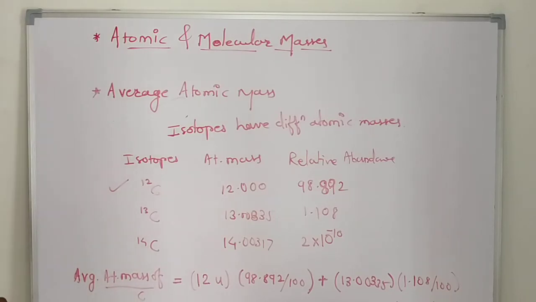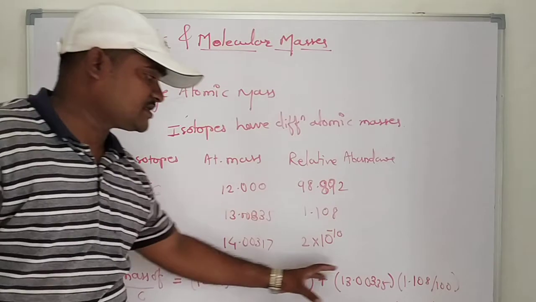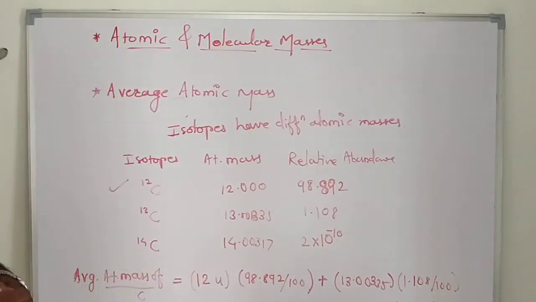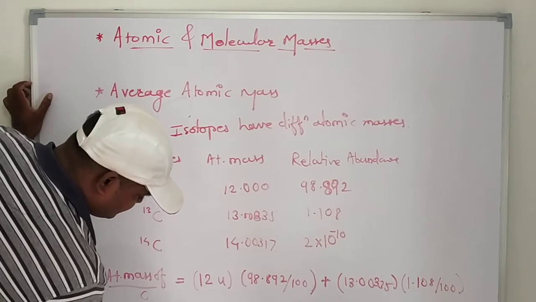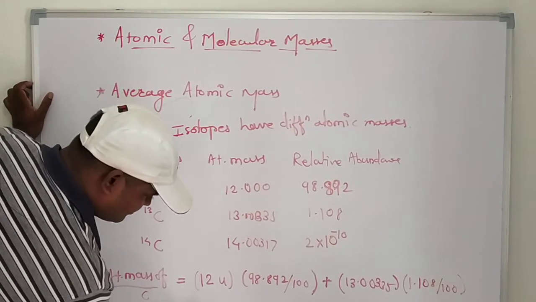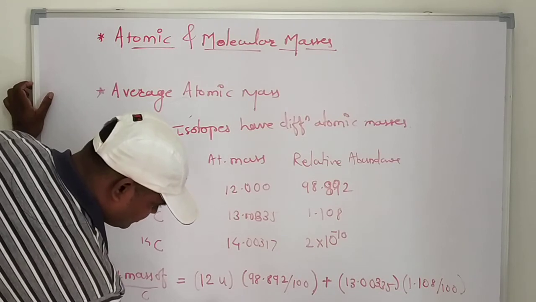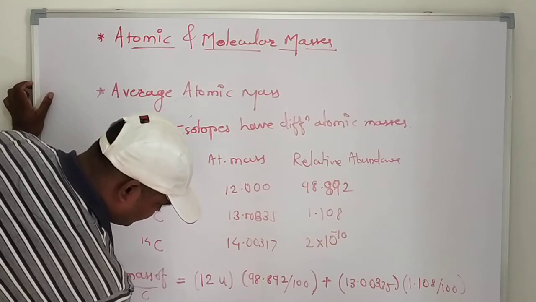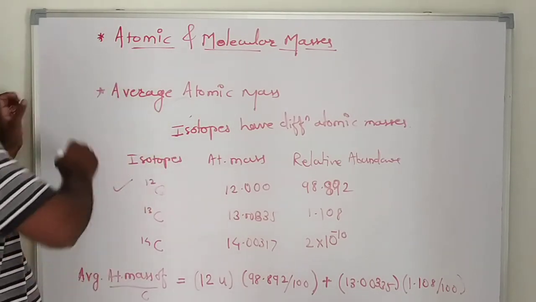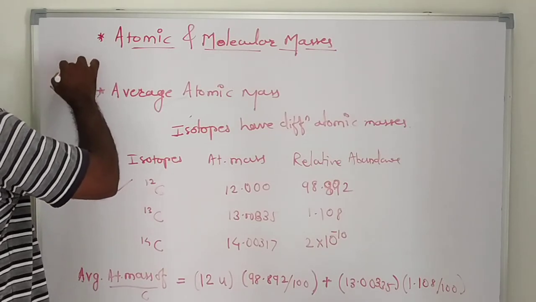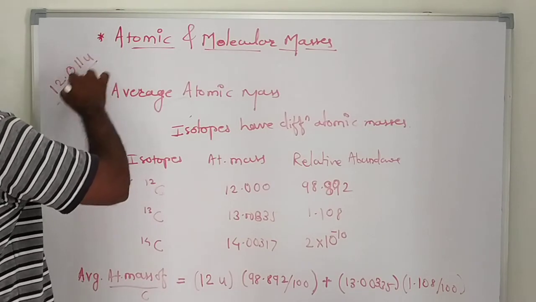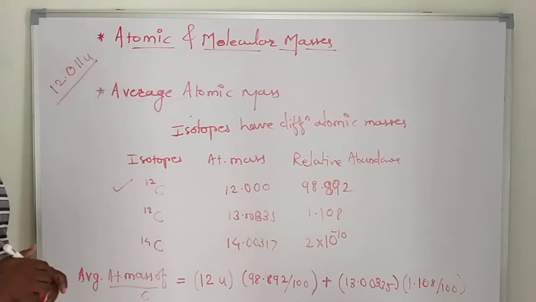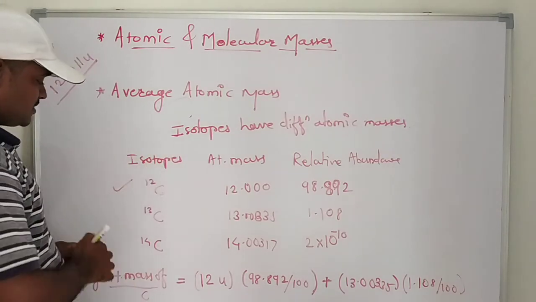And after that you have to solve all these terms. Then on solving all these terms, students, you will get the average atomic mass of carbon as 12.011 units. 12.011 is the average atomic mass of carbon that we have calculated with the help of this table.